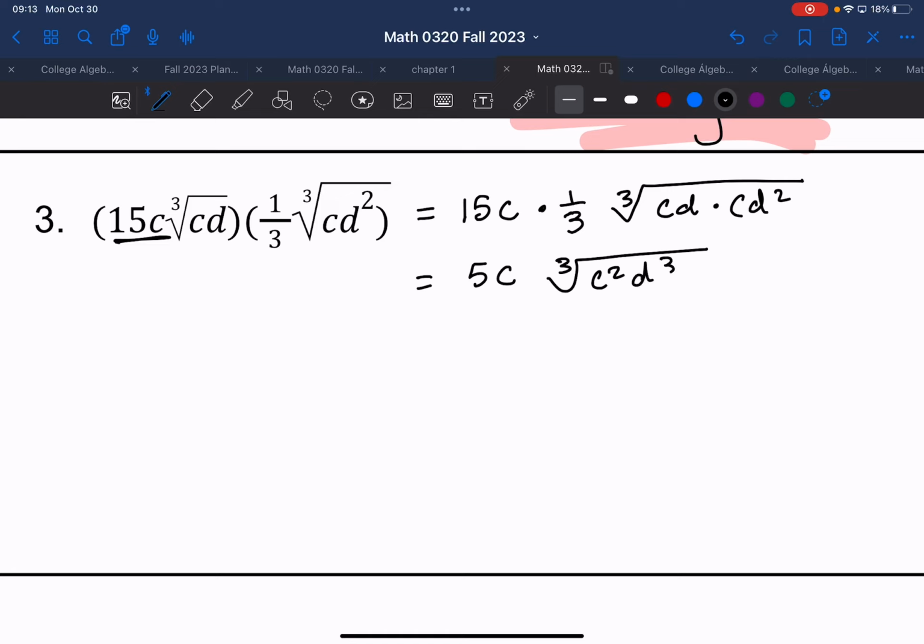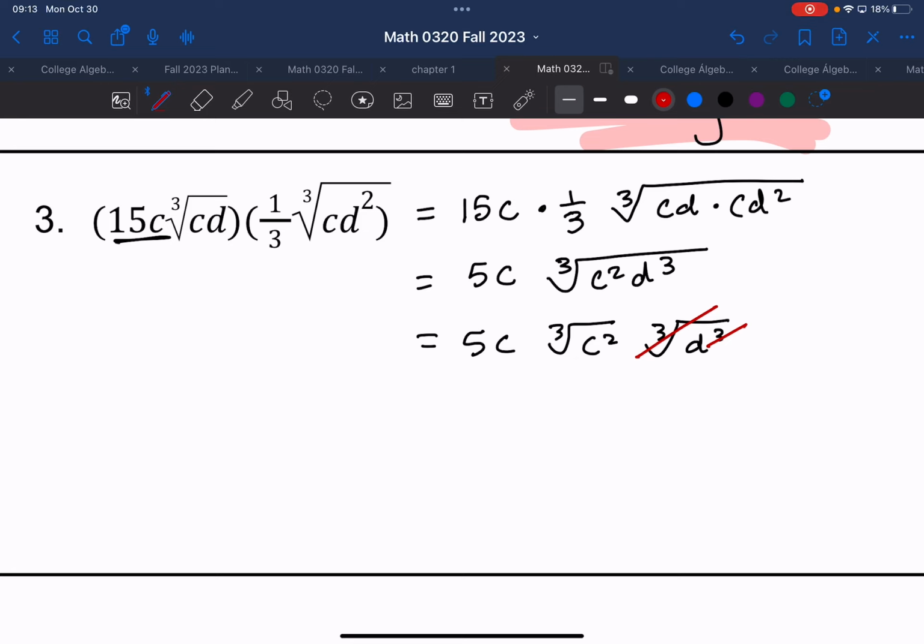d cubed. Okay? So checking if we can simplify, I'm going to split up the radicals where one of them has the c's and one of them has the d's. Out of the c's and the d's, which one can end up canceling? The d, because we have cube root and we have the cube.